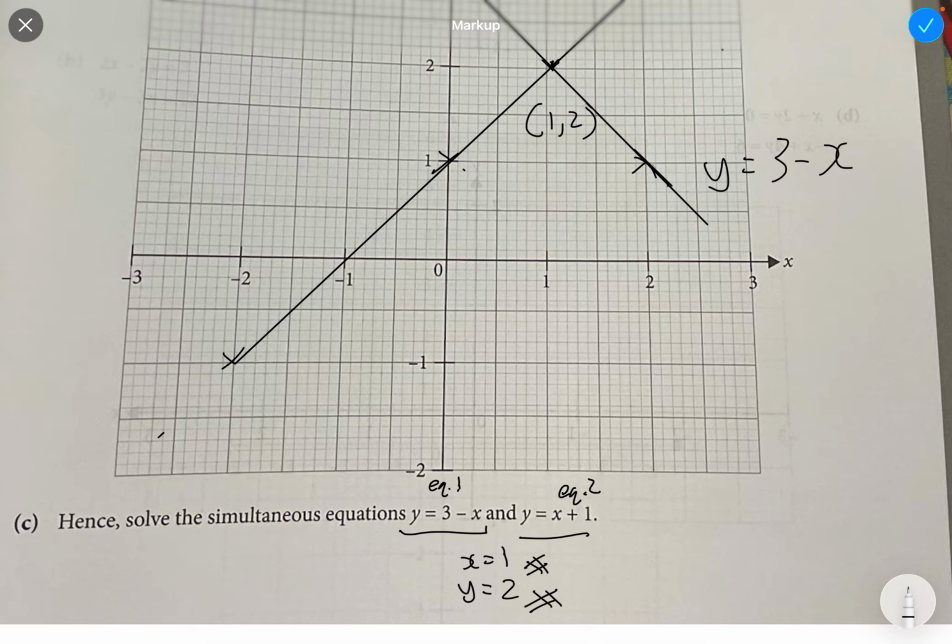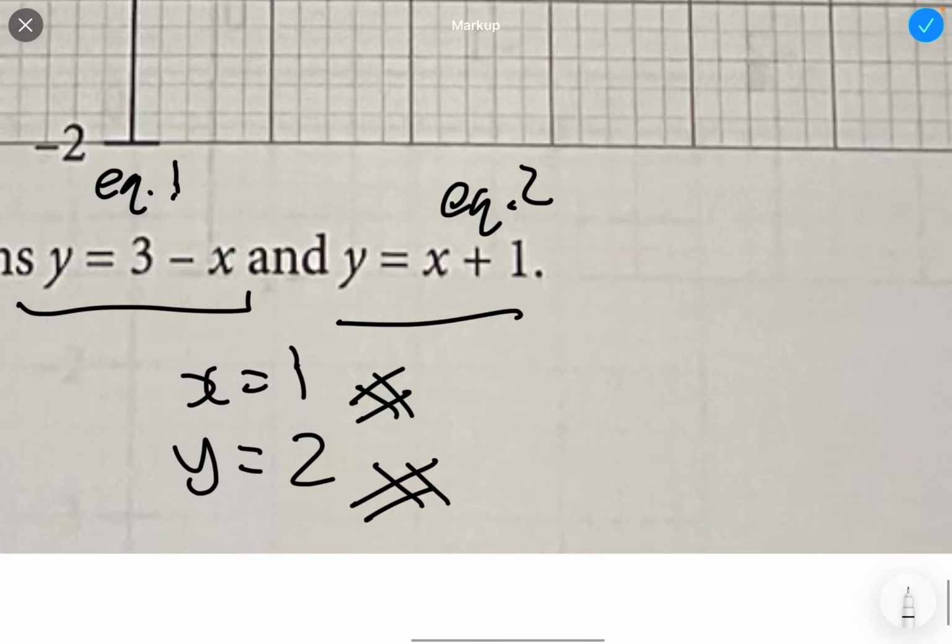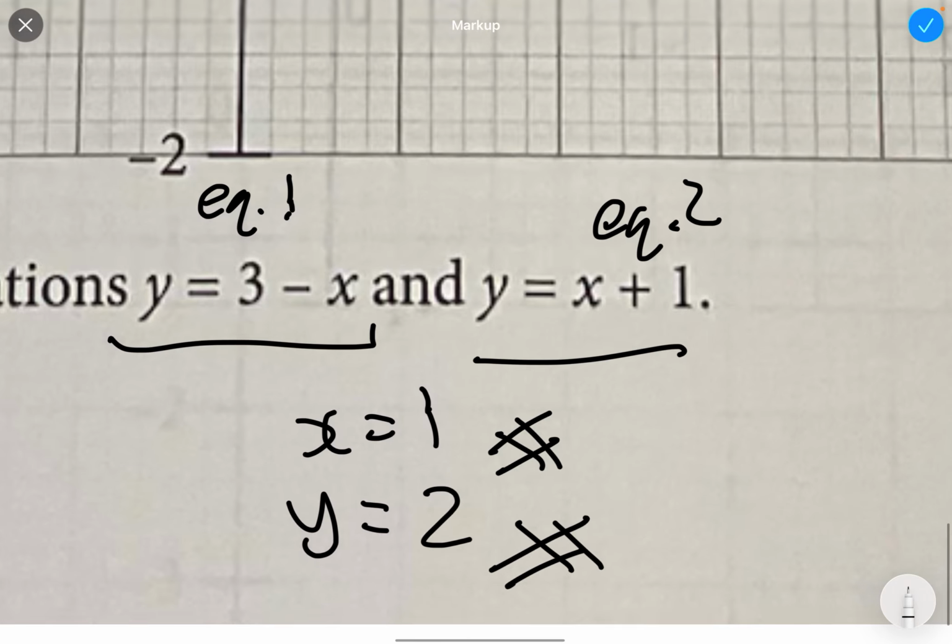Okay, homework. By now you all should know roughly what the question is asking for. Okay? So homework is the next page. Question 2, page 46.